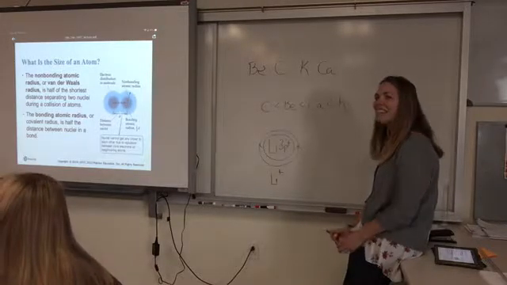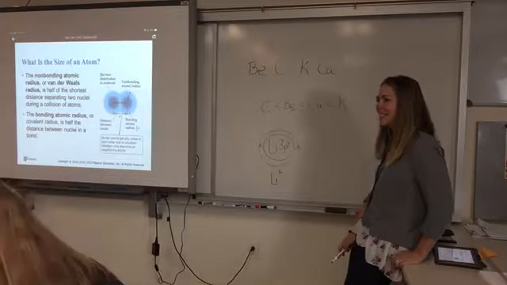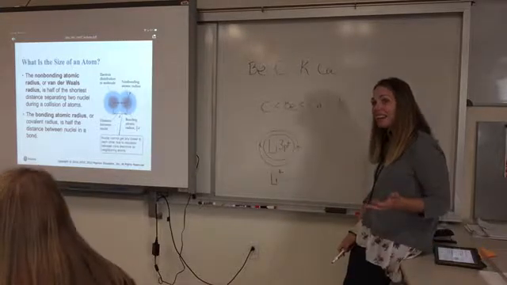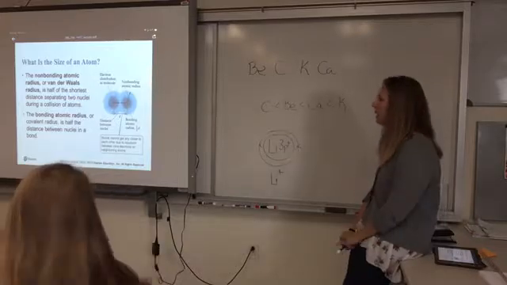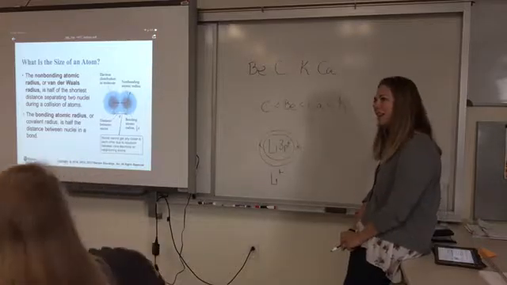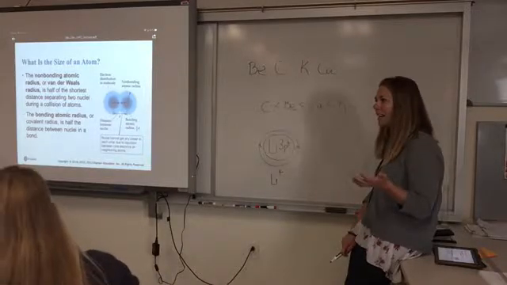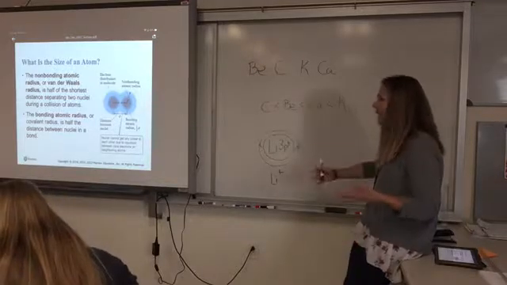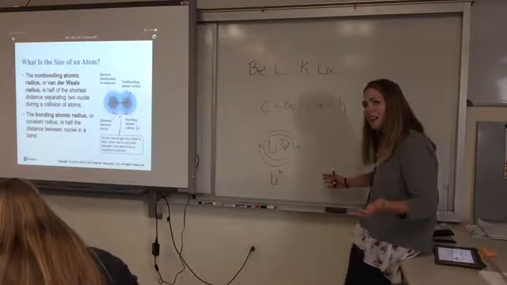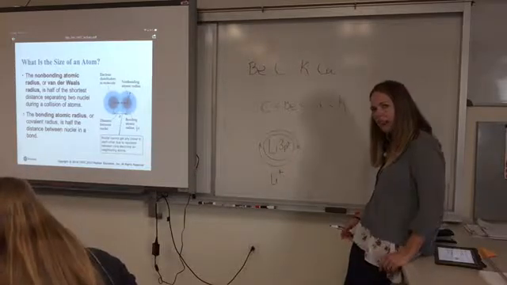What happened size-wise to that ion compared to the original atom, which is called the parent atom? It got smaller. So cations are smaller than their parent atoms because they give away the electrons in that outer energy level, and now they have fewer energy levels.